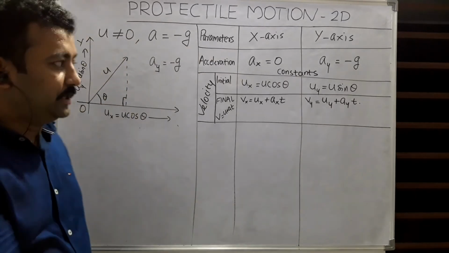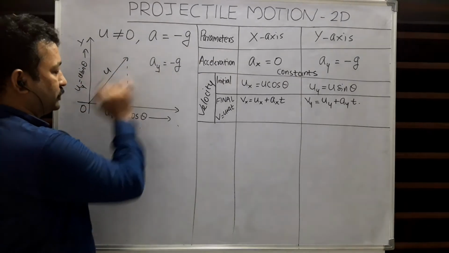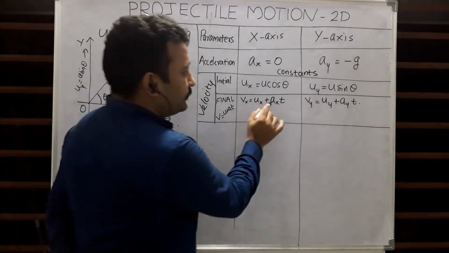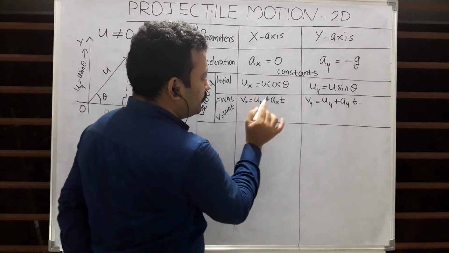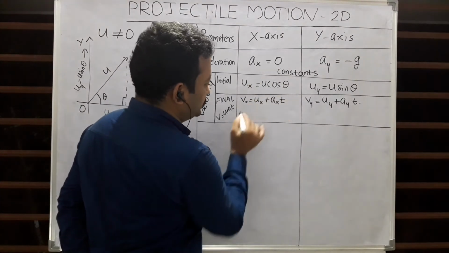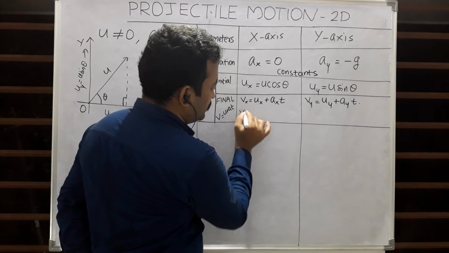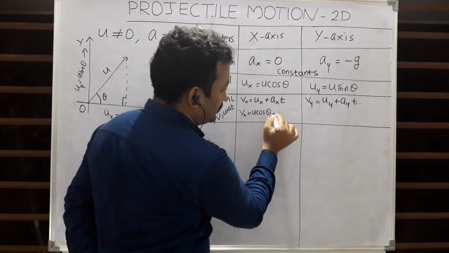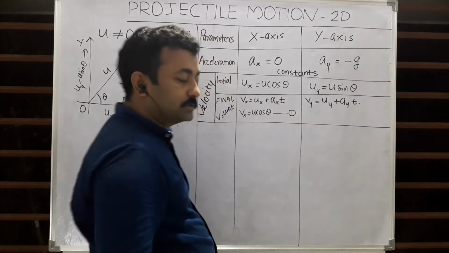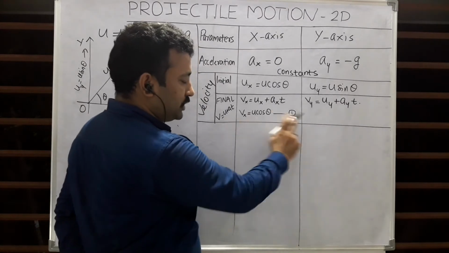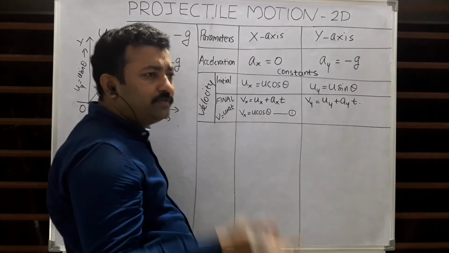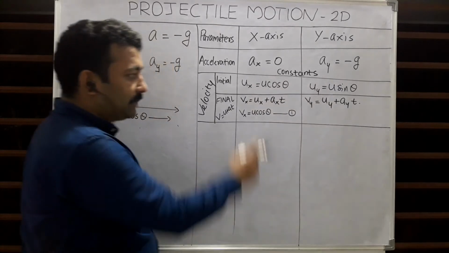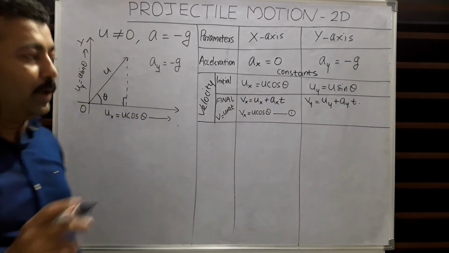After time t, what happens to the velocity of the projectile? Look here, ax is 0 and ux is u cos theta. So I can write Vx is equal to u cos theta. That means there is no change of velocity along the x-axis. That is obviously clear because there is no acceleration. I have labelled that as equation 1.